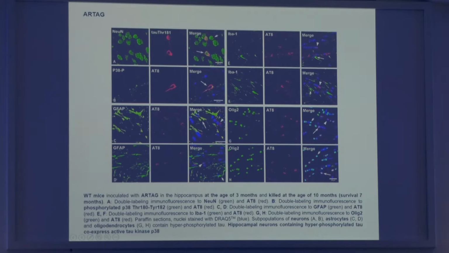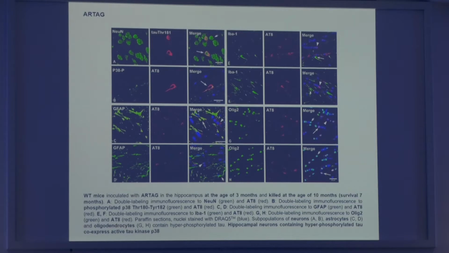Well, and what happens with ARTAG? With ARTAG it is almost the same. There are neurons, there are astrocytes, as expected, and oligodendrocytes here by using double labeling of different cellular markers. However, microglia is never colocalized with abnormal deposits.